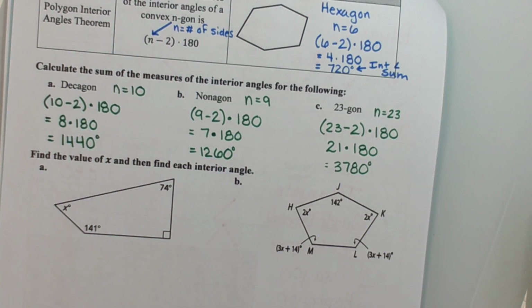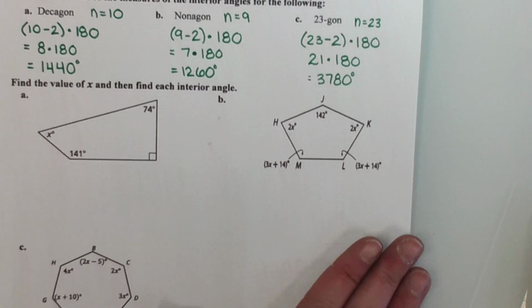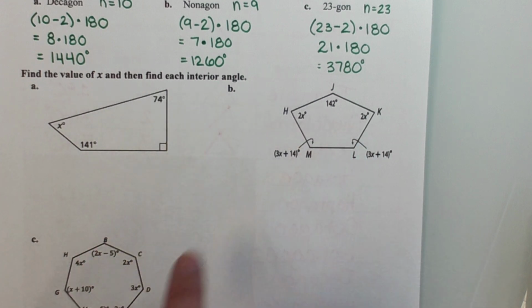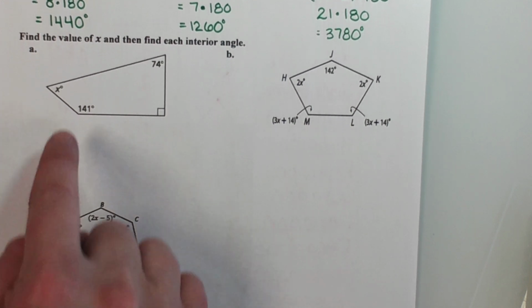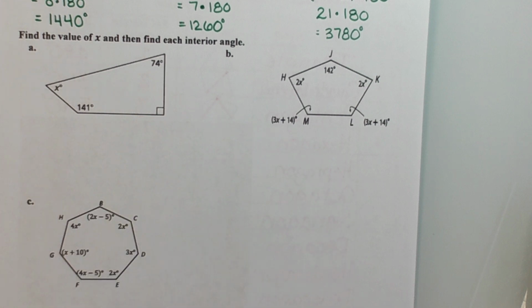The other thing you're going to see today is similar to things we did in last chapter. It's problems like these ones, where I give you the interior angles as expressions. Some of them you'll know as straight numbers, some of them you won't. When we ended up with triangles that had shapes like this, what did we do?